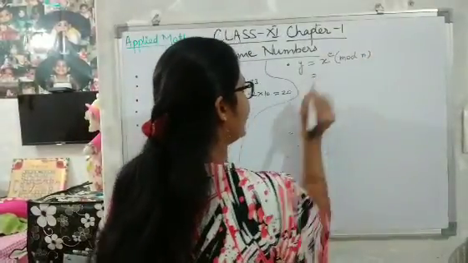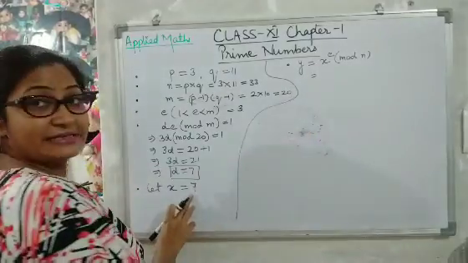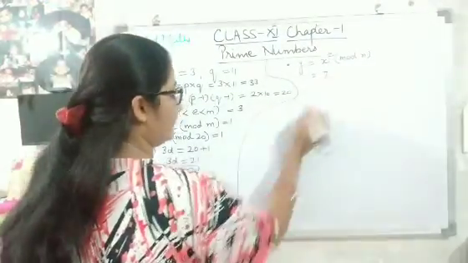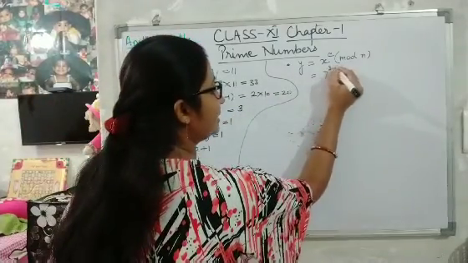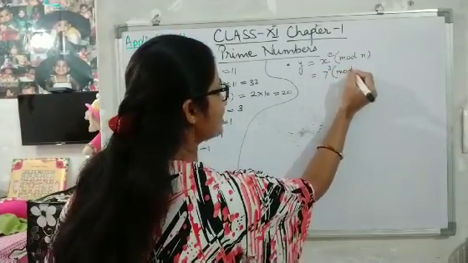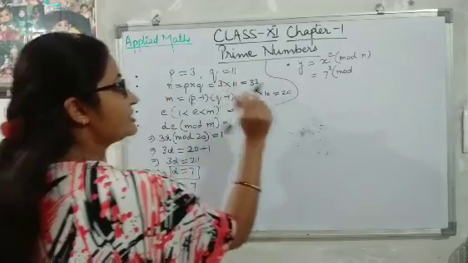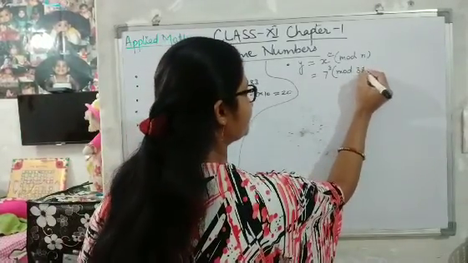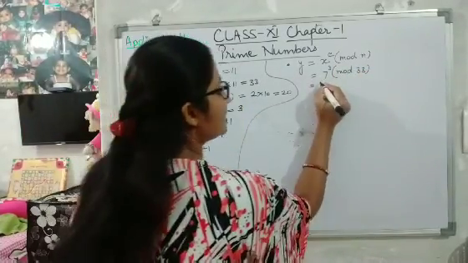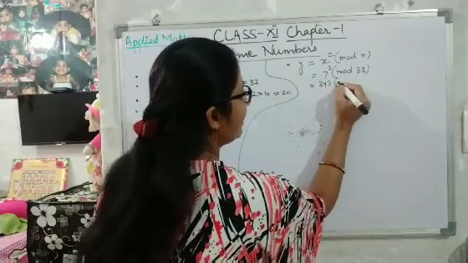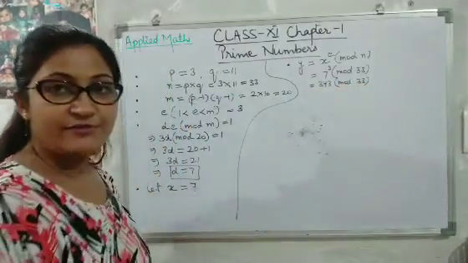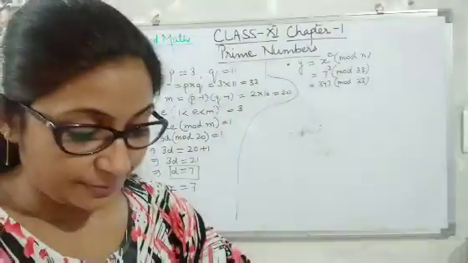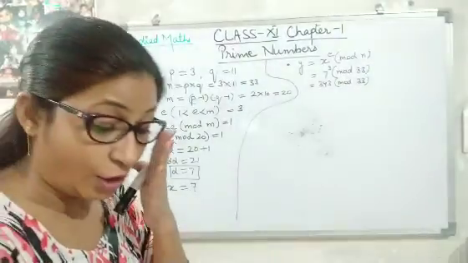Now here we are going to place the values. X we have taken 7, and the value of e is 3, raised to the power 3, modulus of n, and n was 33. It means 7 cubed gives you 343 mod 33. Yesterday, in the previous video, I told you what a mod operator does.